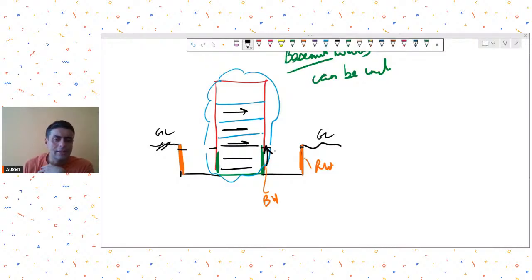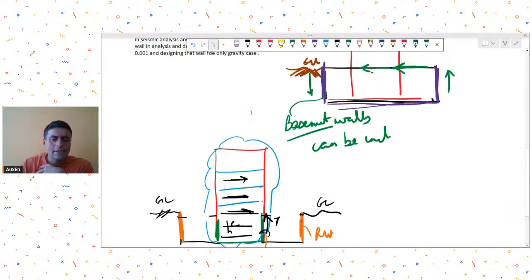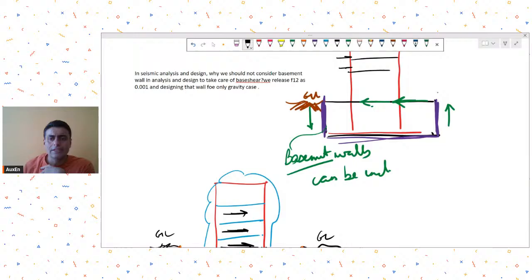So it will still take the tension compression couple, it will still take moments, it will still resist those moments, and it will still resist the shear force in the form of tension compression couple. But this action, which I call the backstay action, will not happen over here.